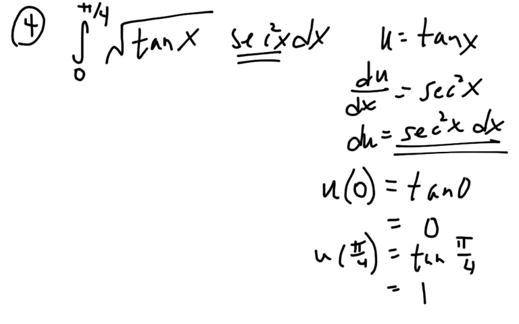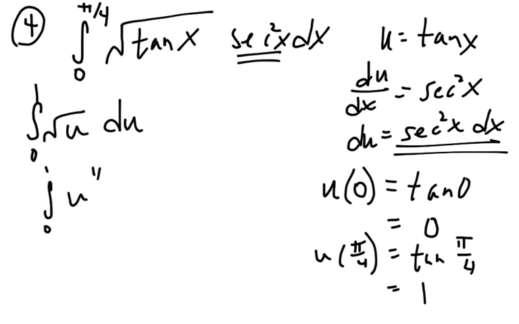So this will change to the integral from lower limit 0, upper limit 1 of the square root of u du, which could be thought of as u to the 1/2 du, at which point you can use your power rule backwards. u to the 3/2 times 2/3 evaluated from 0 to 1.